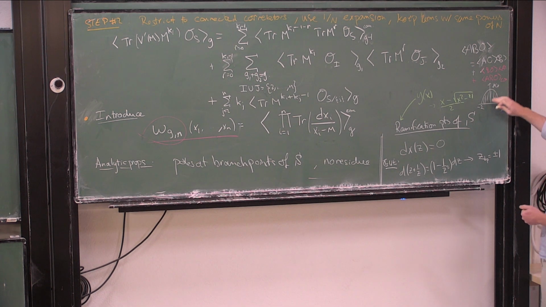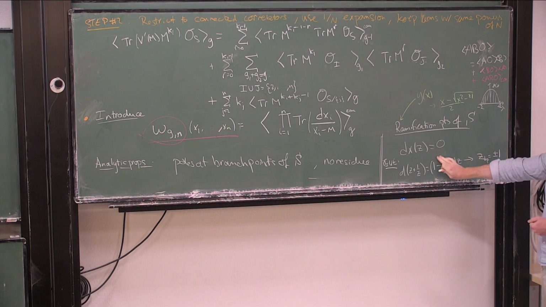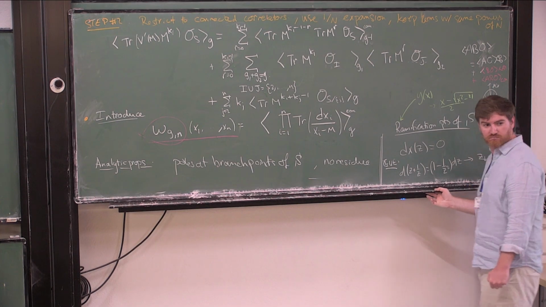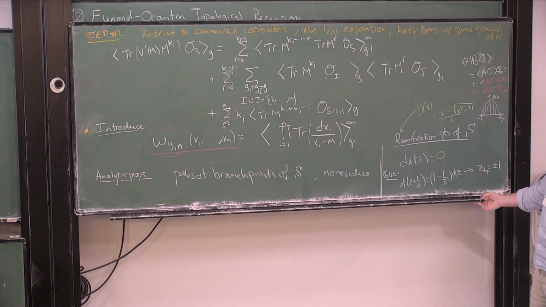So the eigenvalues are supported precisely on the cut, and the endpoints of the distribution are precisely these points here. So they are special points. This was quick. Only if you know RMT is it helpful, and if not, don't worry about it. Any more questions?